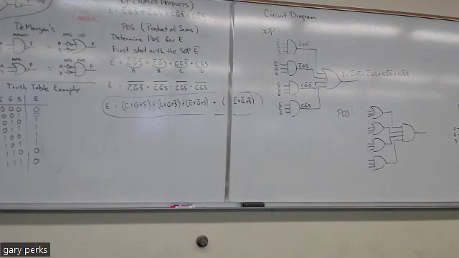Then you just keep going: tilde B, tilde C, ampersand G, ampersand S, and then a vertical line again for OR, and you would just keep going. Then you have to end it with a semicolon. So that would be SOP in System Verilog.